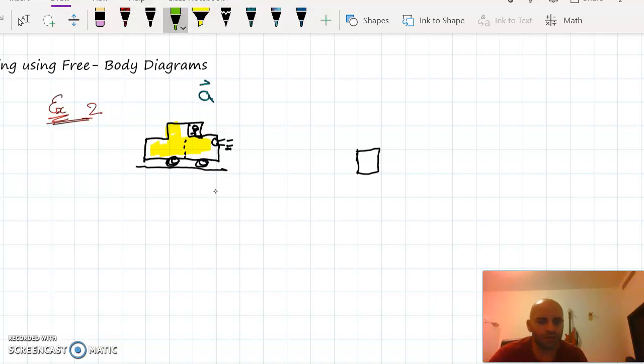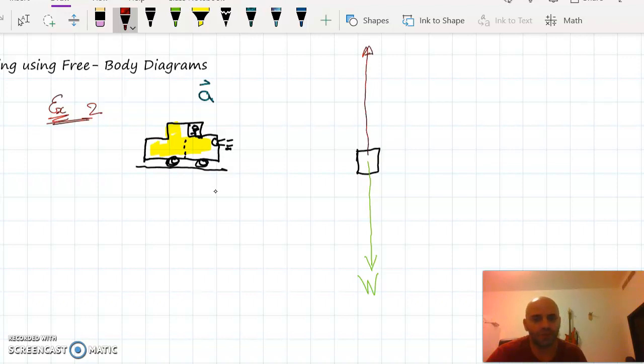I think it's always a good idea to start off with the obvious forces. I would have the object's weight acting down. There's the car's weight. Of course, the car is not falling towards the center of the earth, so there must be some normal reaction force, or force normal to the surface, that's pushing it up.